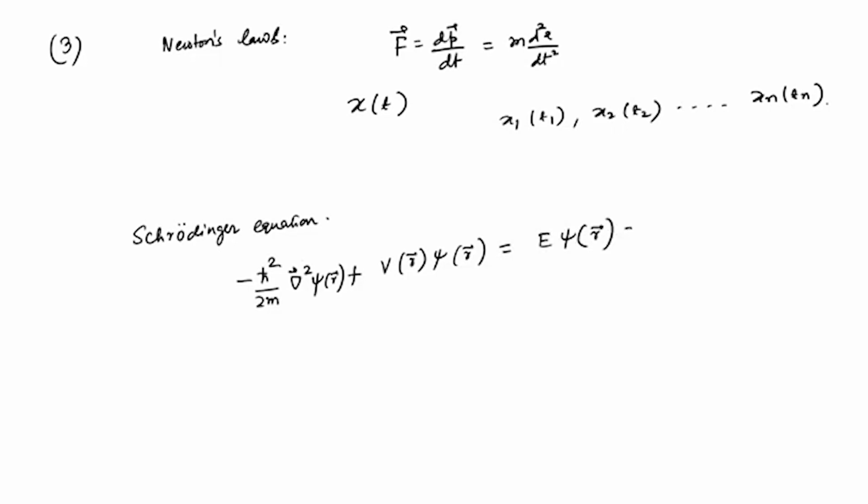The time dependent equation is written as i h cross del del t of psi of r.